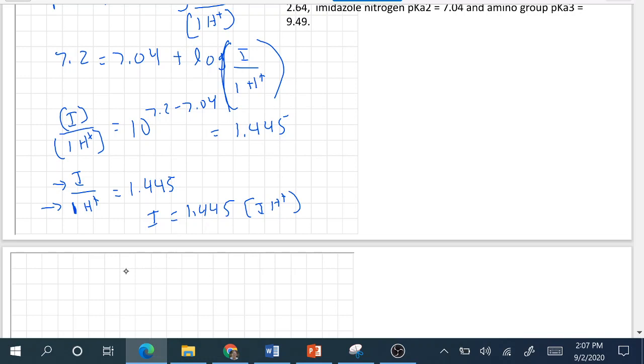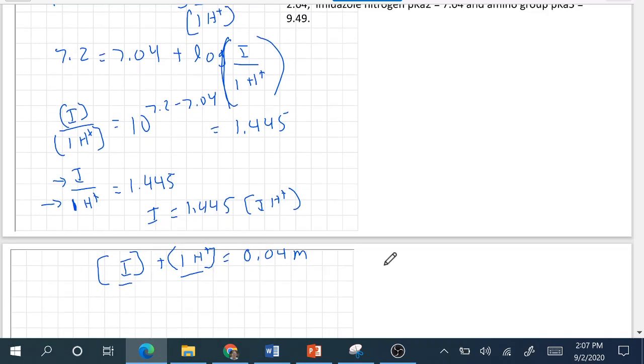We also know that I plus IH plus is equal to 0.04 molar, because that's the total concentration that we need. In solution we're going to have both the imidazole group and the protonated imidazole group, to give us a 0.04 molar solution.